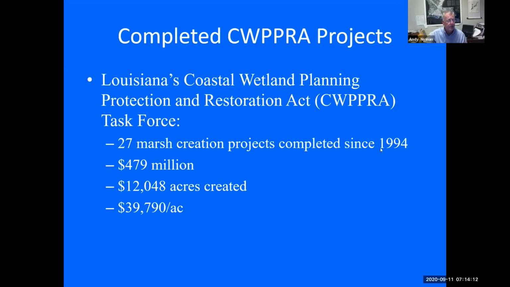They've got 27 marsh creation projects completed since '94. They spent almost $480 million, built 12,000 acres of wetland at a cost of about $40,000 an acre. And wetland restoration in Louisiana is, we do a lot of it, we do it pretty well, and people in other states pay attention to what we do.